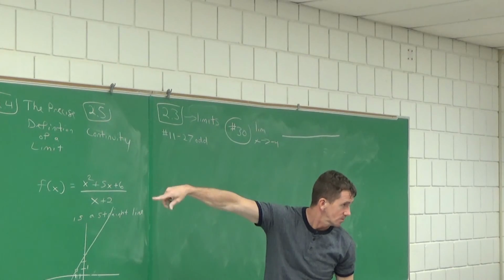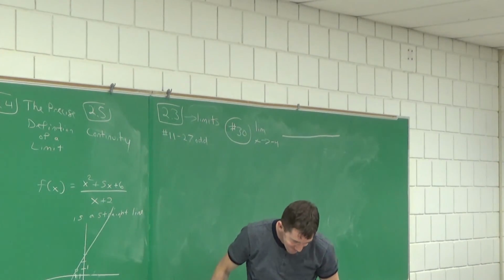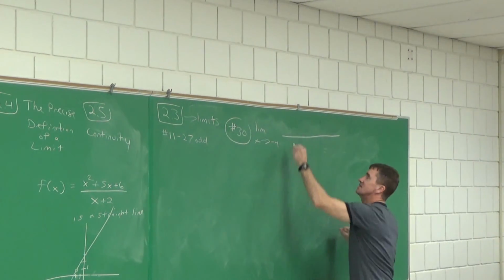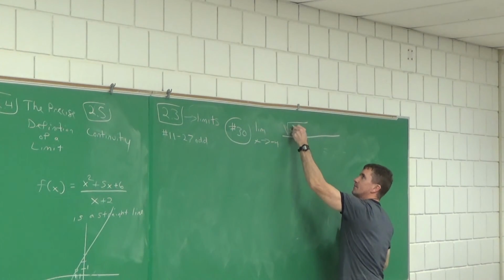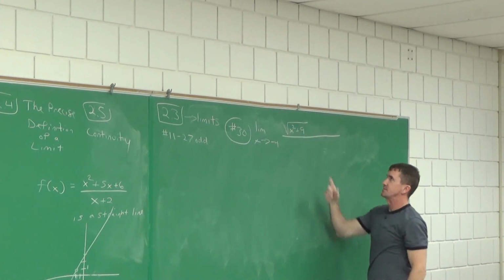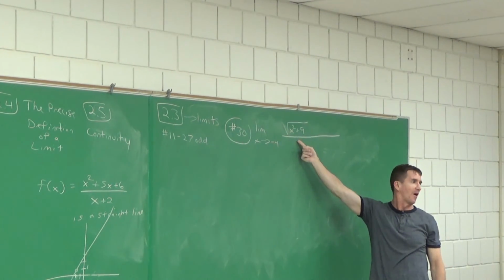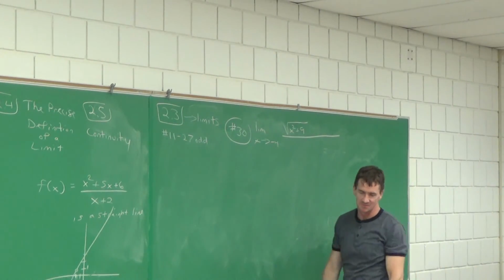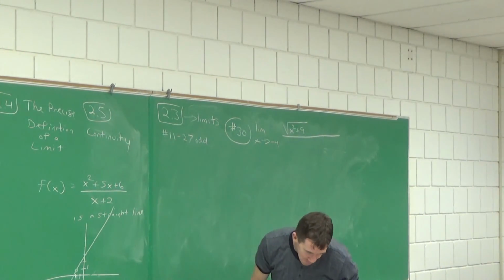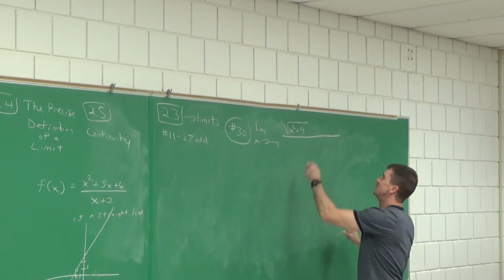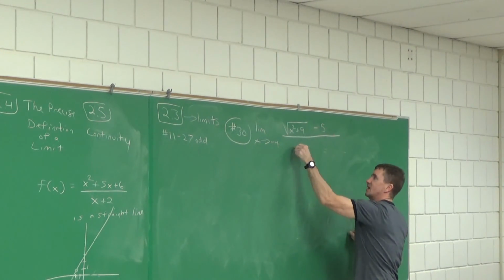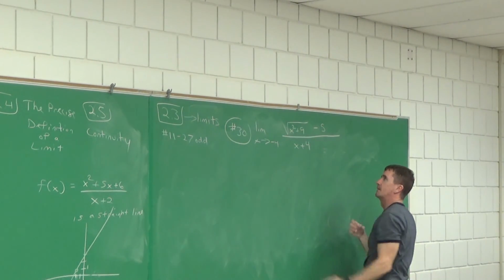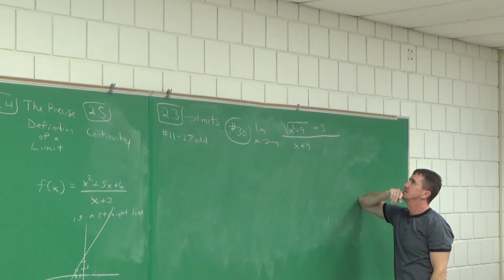Here's our repertoire of things to try. Square root of x squared plus 9, minus 5, over x plus 4. This stuff's fun.